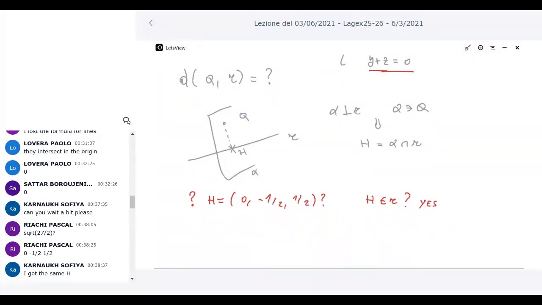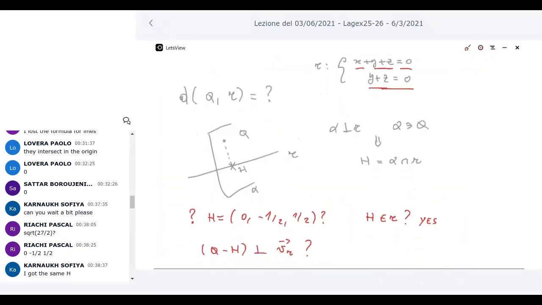Then what do we have to check? We have to check that the vector Q minus H is orthogonal to the direction vector of line R. So we need to compute the direction vector of the line. You can do this in many different ways. One way is to write the line in parametric form, or use the cross product of the normal vectors of the two planes which give you the line. What you see is that the second equation tells me that y and z are opposite.